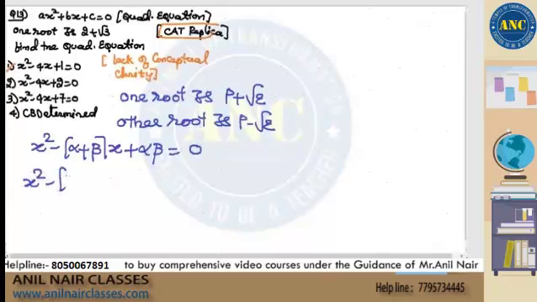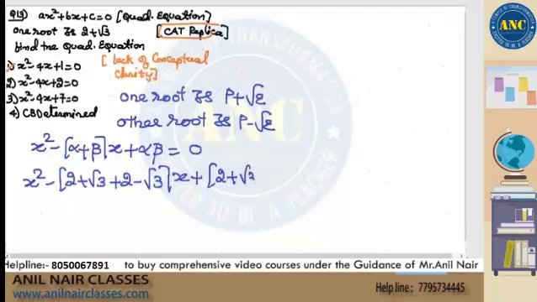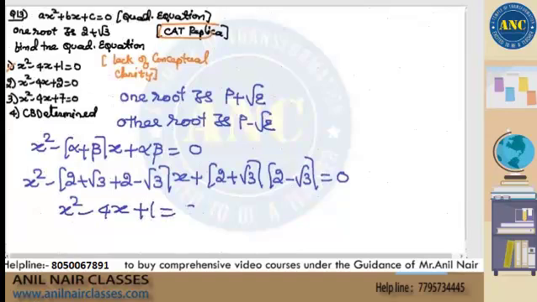So it is x square minus (2 plus root 3 plus 2 minus root 3) into x plus (2 plus root 3) into (2 minus root 3) equivalent to 0. So they will tick mark the answer to be x square minus 4x plus 1 equivalent to 0, which is a mistake.